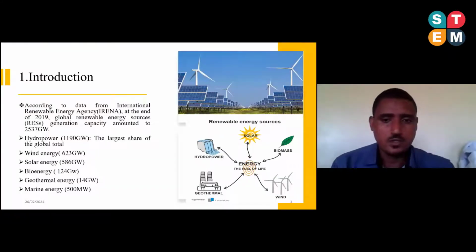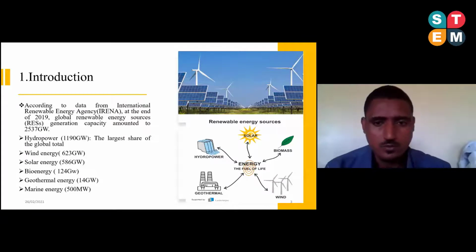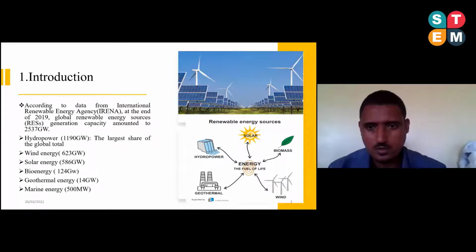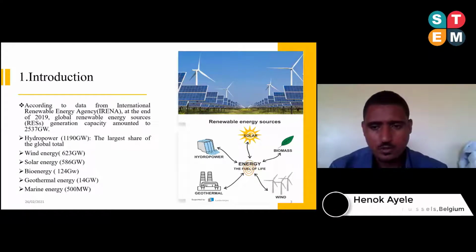So let's start from the introduction portion. As you all know, there are different types of renewable energy sources, including biomass, wind, hydropower, geothermal, and solar. Currently, the generation capacity of these renewable energy sources is increasing at a high rate.